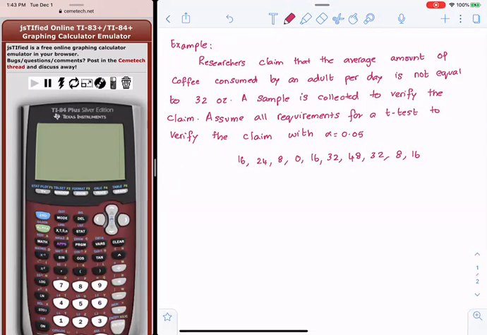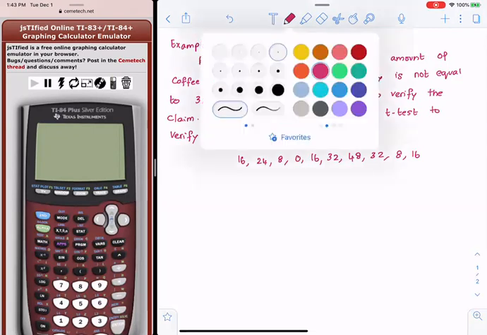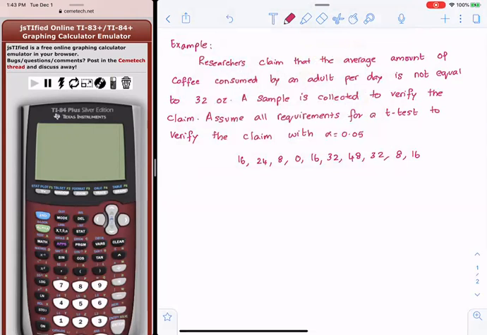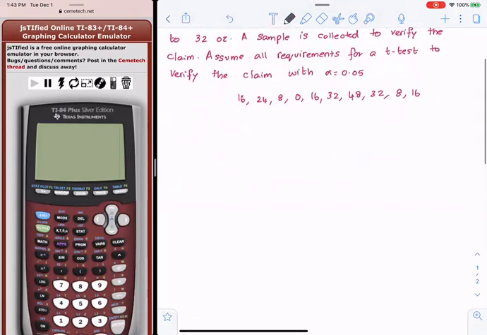So I have a sample. Now, before we get to performing the test, we've got to start with the definition of the test.